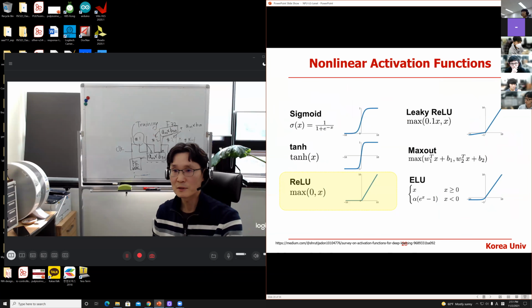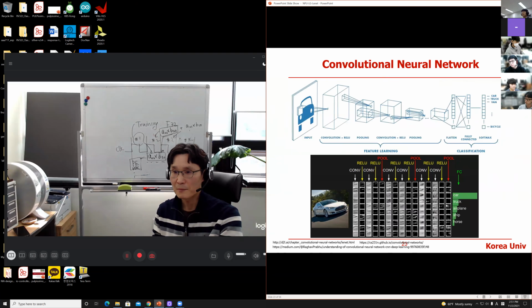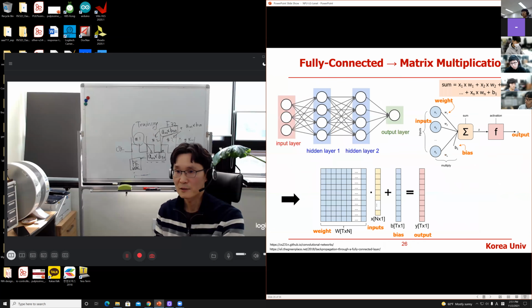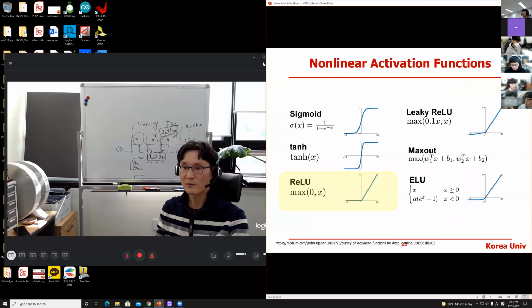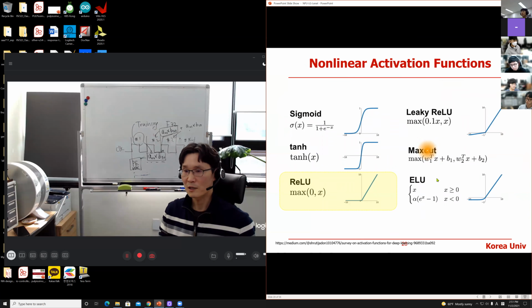Okay, let's move on. Then non-linearity, that is the step here. After the convolutional layer, you go through some non-linear function, like sigmoid, ReLU, and some other things.